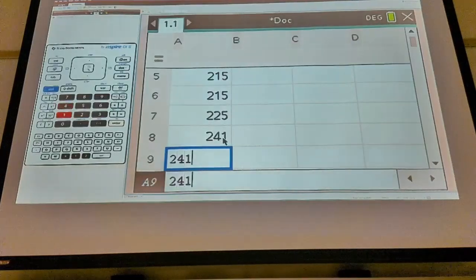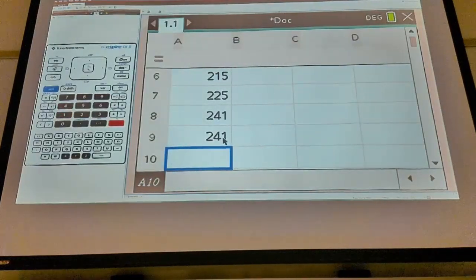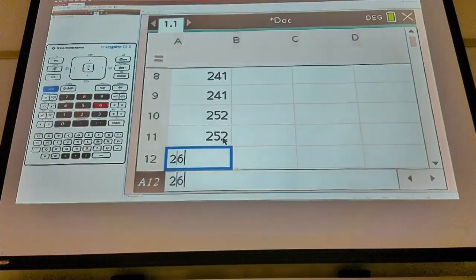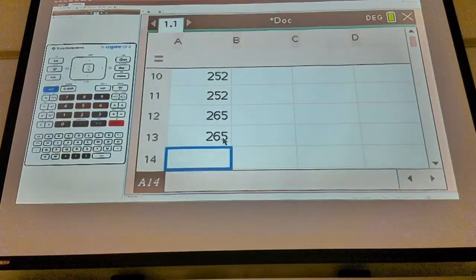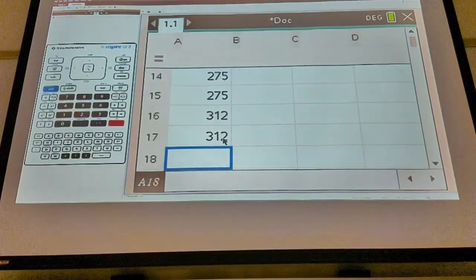This is only 2, so it's easier to do that. 252, 275. Looks like they put this in ascending order as well.